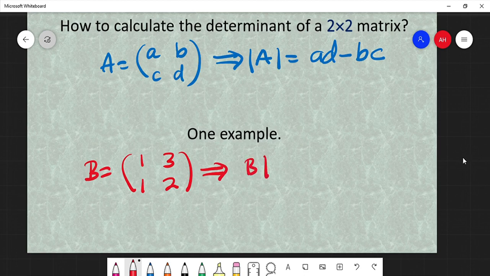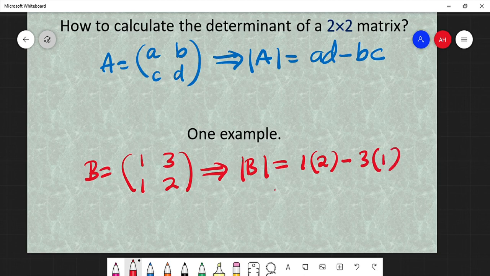The determinant of B will be equal to a times d. a in this case is 1, d is equal to 2. Please notice the position of these numbers. So we multiply 1 by 2, minus 3 multiplied by 1.